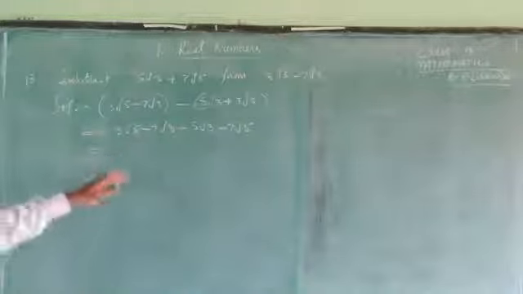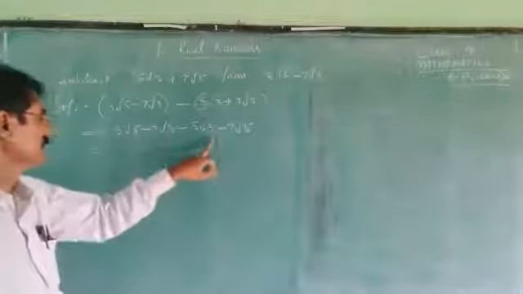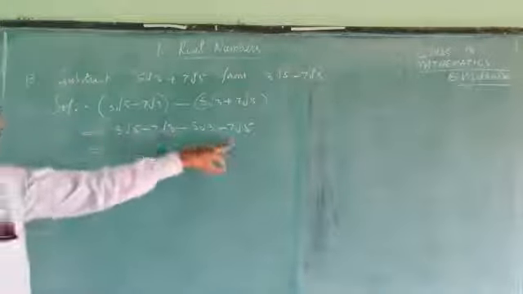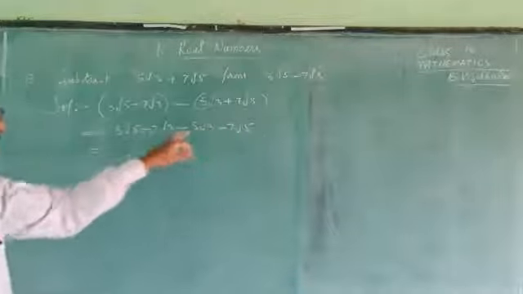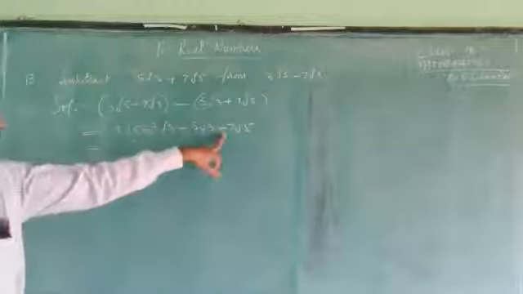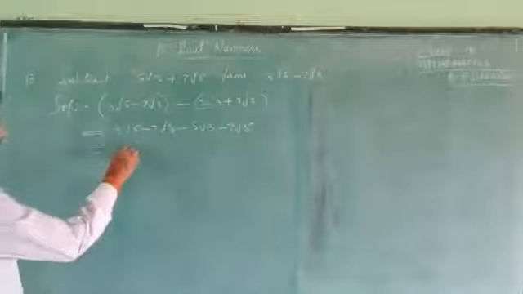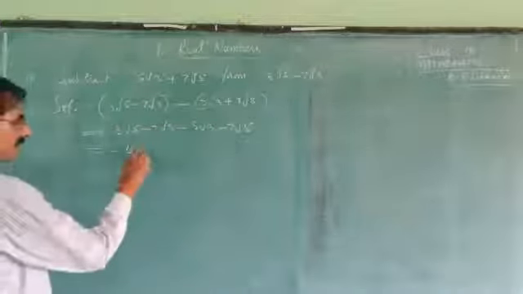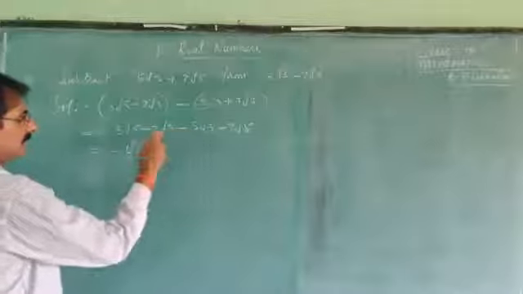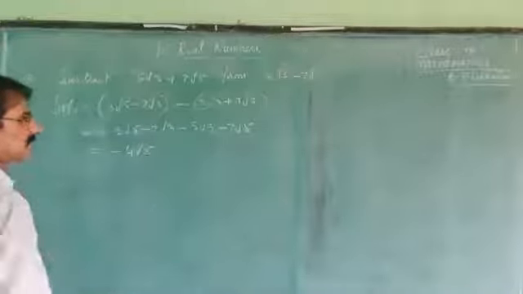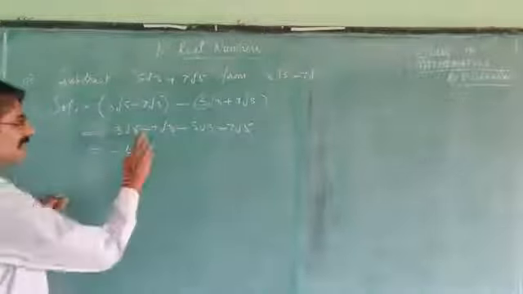Indeed, these two are like terms, and these two are like terms. One is a negative term, one is positive. The negative term is more than the positive, so the difference is minus 4 root 5, from 7 minus 3. These two are like terms with the same sign, minus.